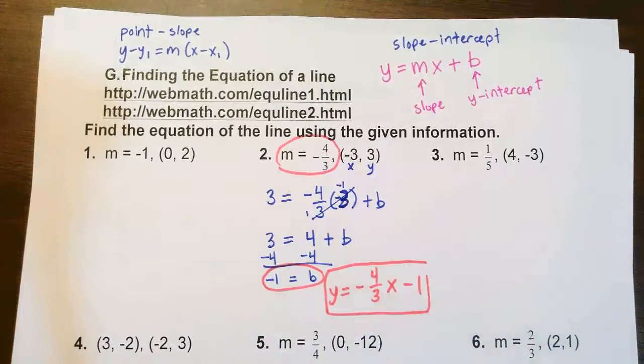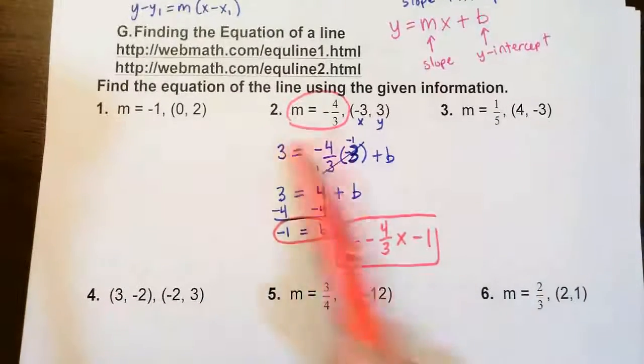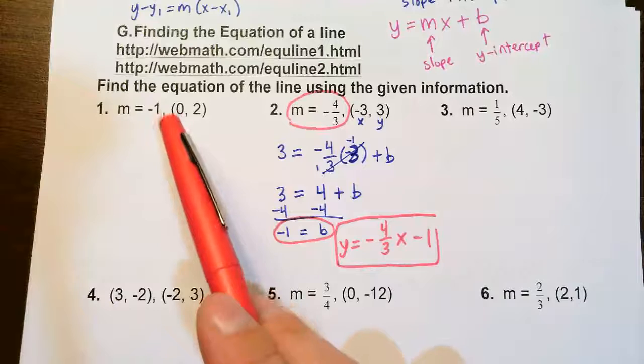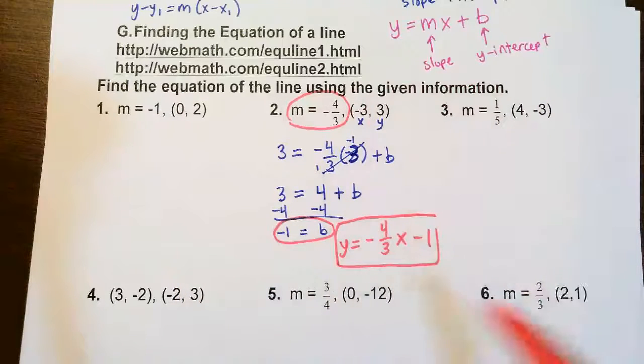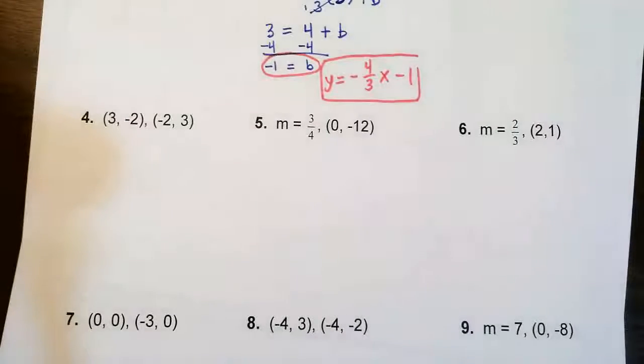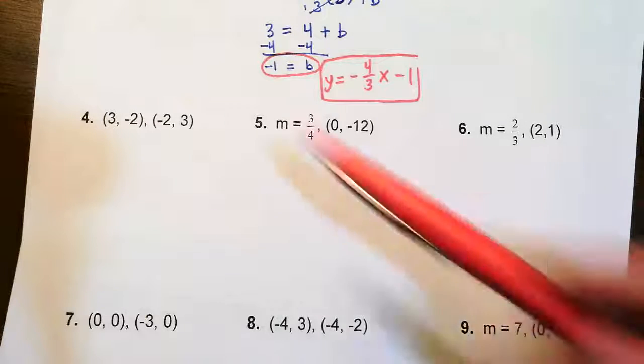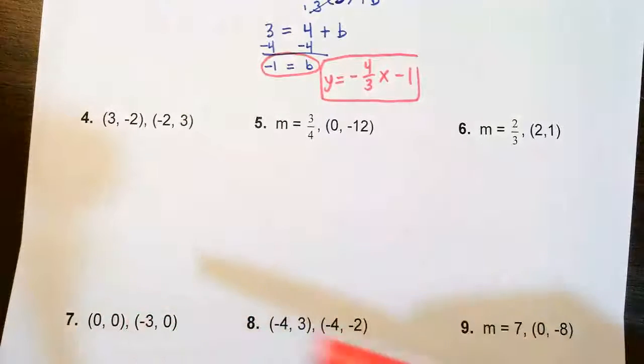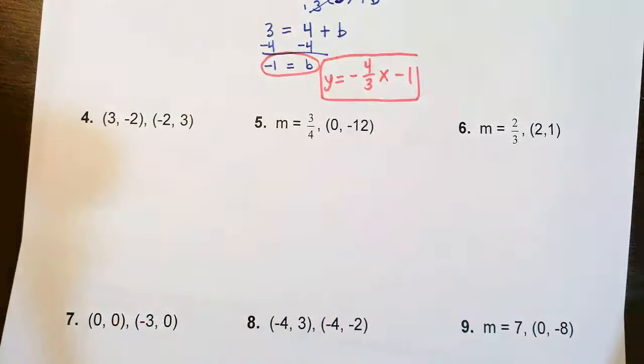I'm going to look down at some of these other ones. All of these problems, 1, 2, 3, 4, and 6 can be done that way. Oh, and 9. Number 9 can also be done that way because we're given a slope and a point. But a couple of these other ones, 4, 7, 8, are all starting with 2 points. We have to do that a little bit differently.